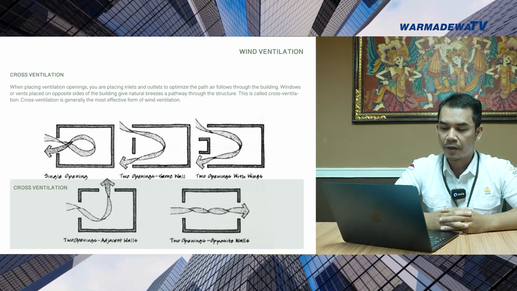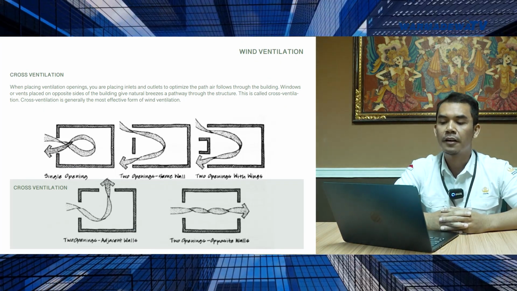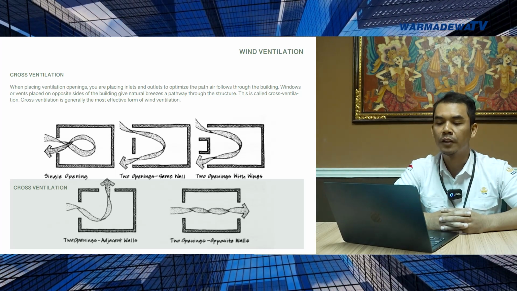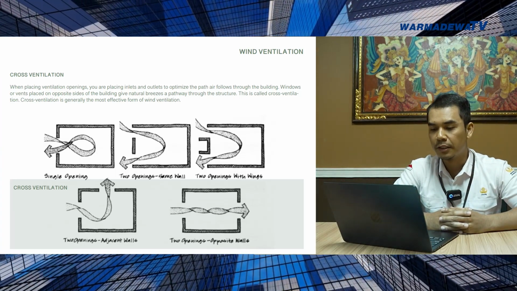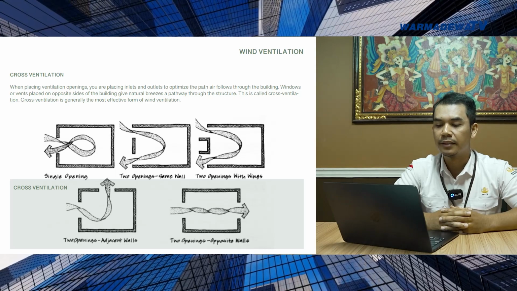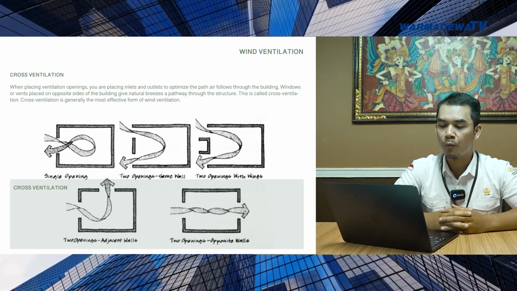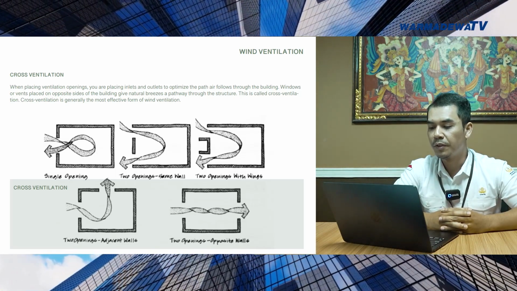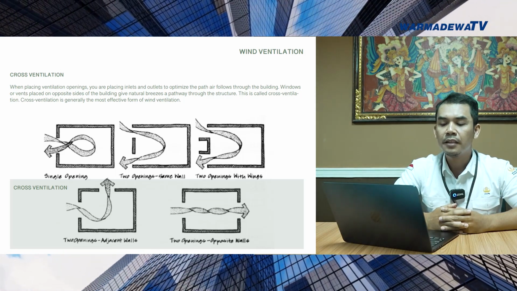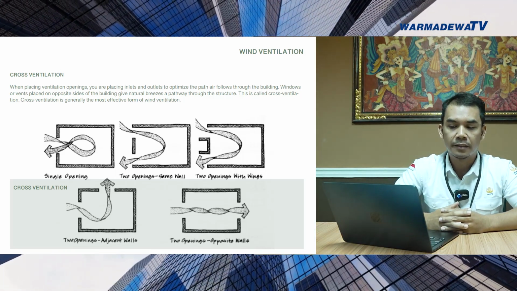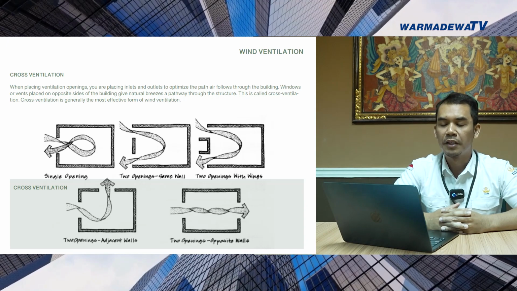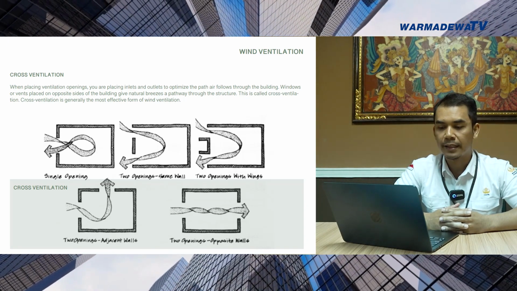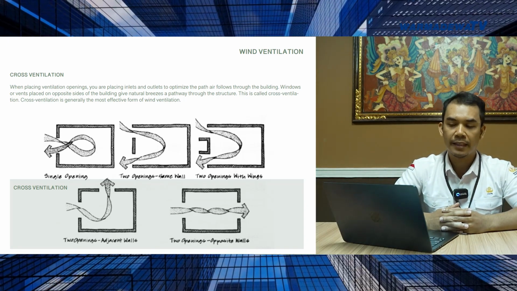If you look at the diagram on the presentation, you will see there are three images on the top row. The first image depicts a single opening, the second, two openings on the same wall, and the third one, two openings with wings. The single opening is not a good representation of cross ventilation because there is only one inlet and one outlet, which is the same.